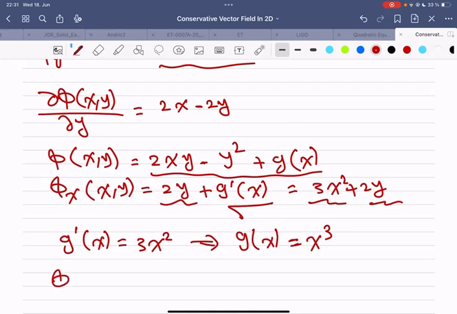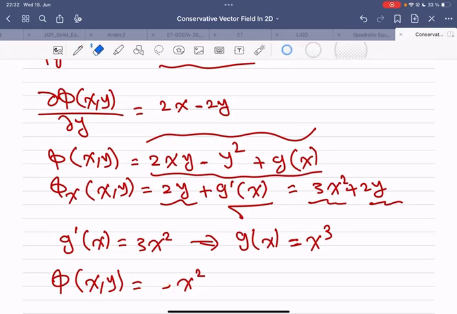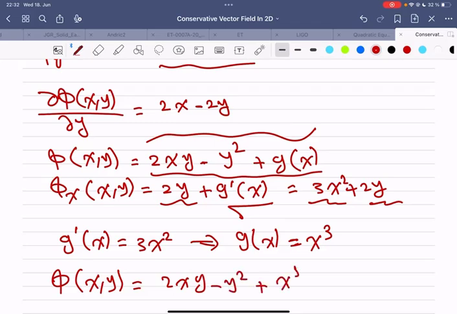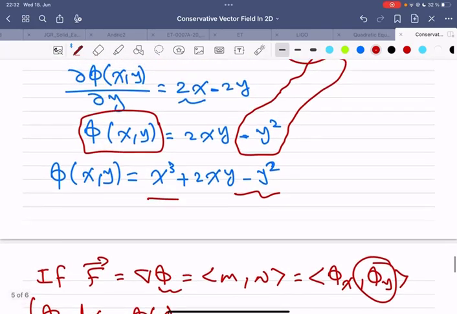Finally, phi xy will be 2xy minus y squared plus x to the power 3, which is the same as this.